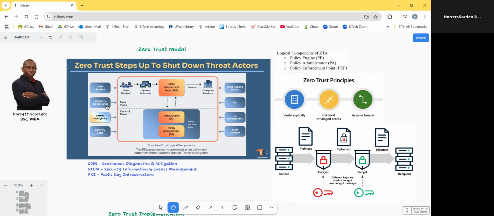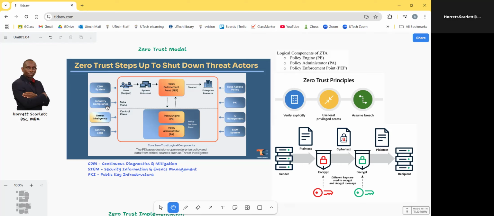Then there's going to be industry compliance. We're talking about policies. And if policies are going to be implemented, then policies have to be informed by something. Industry compliance is one of the places where we get the information and the rules that we need so that we can enforce them. For example, GDPR, which is a global standard, talks about how data is to be kept safe.